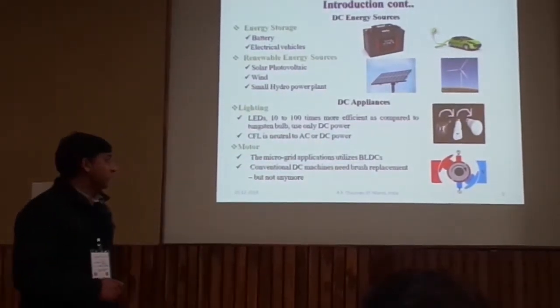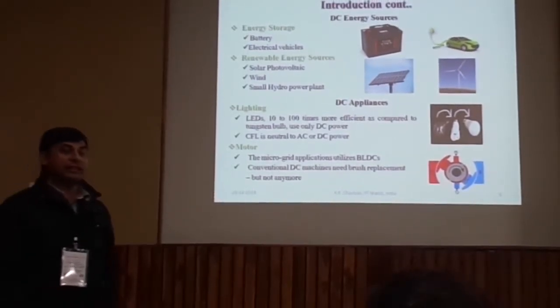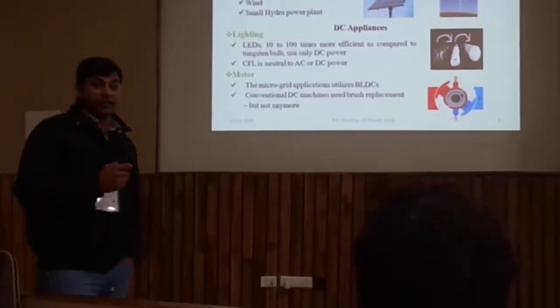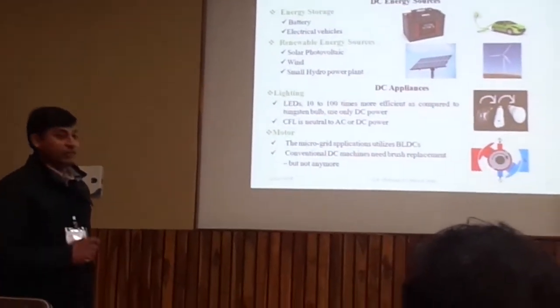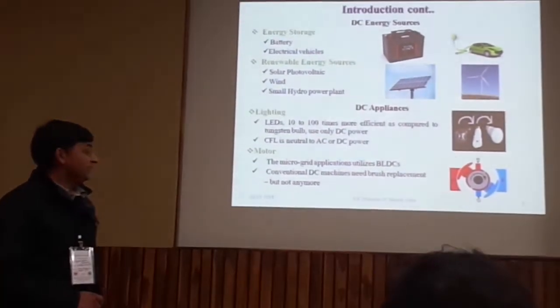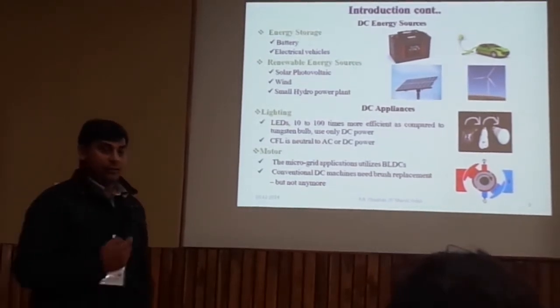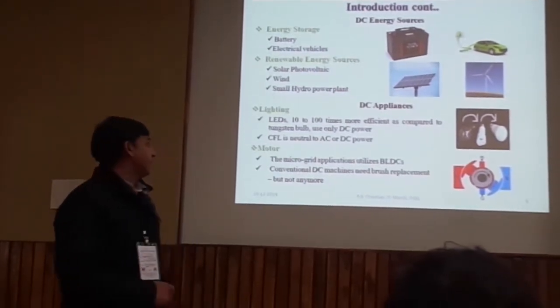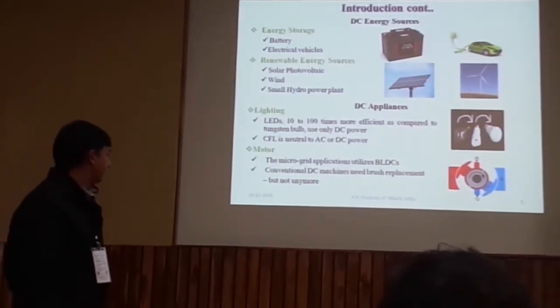If we give preference to renewable energy sources, then transmission and other losses will be reduced. That is one benefit. The second is that the output of the PV is DC in nature, so with a DC distribution system there is no need to introduce a converter here.